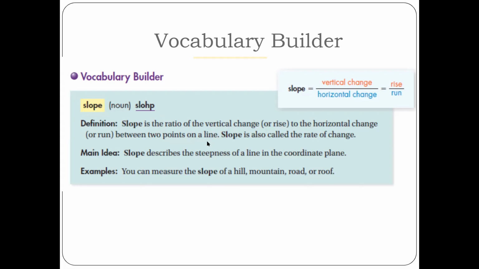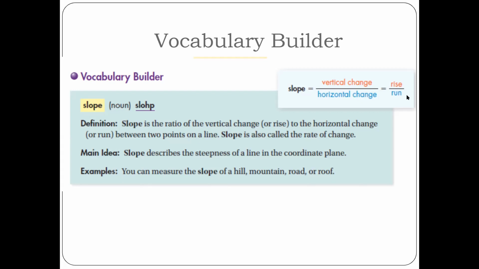So if we have a slope of 5 over 3, that means we're going up 5 and over 3 for every point that's on that line. Up 5 over 3, up 5 over 3. We're not going to put these numbers into a calculator and come up with something that's got a decimal in it.